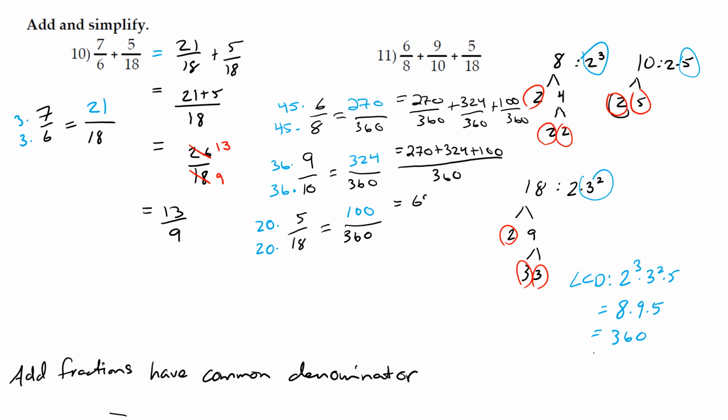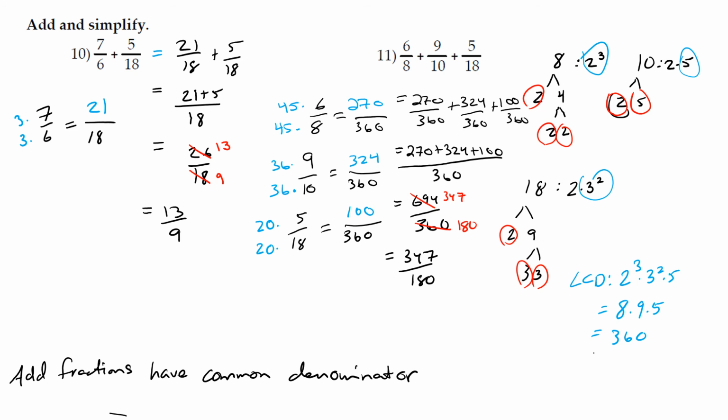And that gives me 694 over 360. And it looks like these are both divisible by 2, so 694 divided by 2 is going to give me 347. 360 divided by 2 is going to give me 180. So my final answer here is 347 over 180.